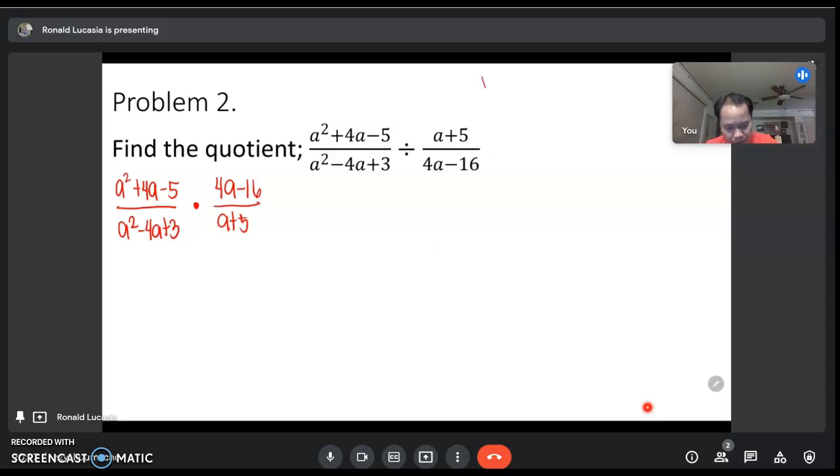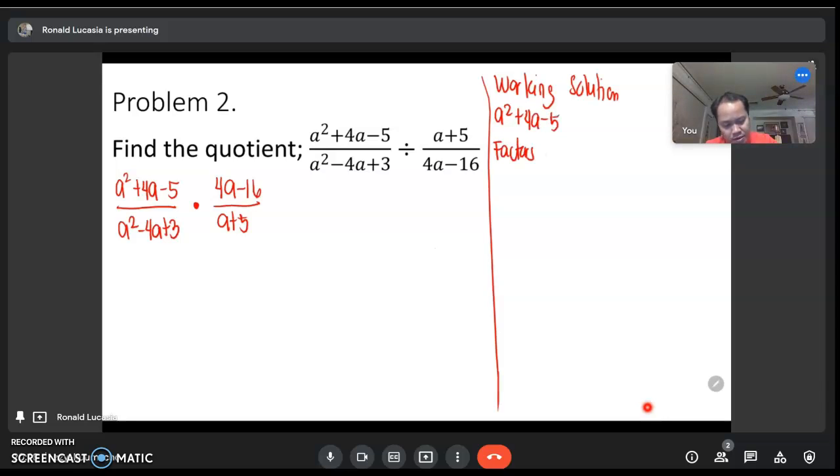So I'm gonna have some working solutions here. For a squared plus 4a minus 5, you have to get the factors of negative 5 that will give you a sum of positive 4.